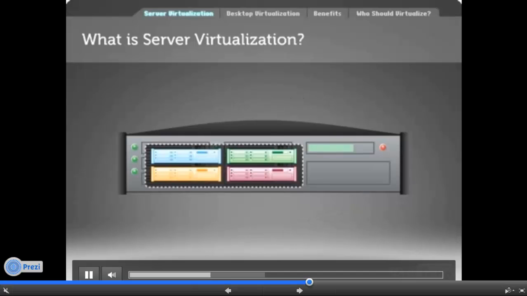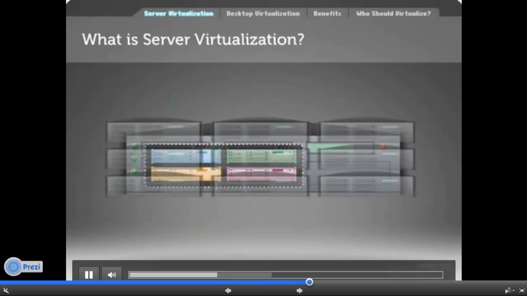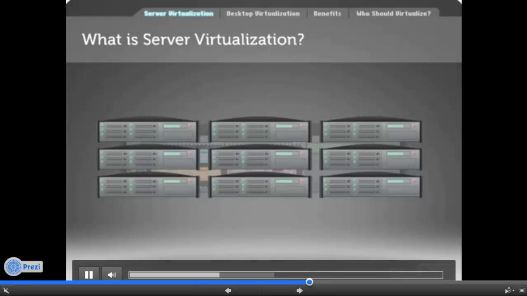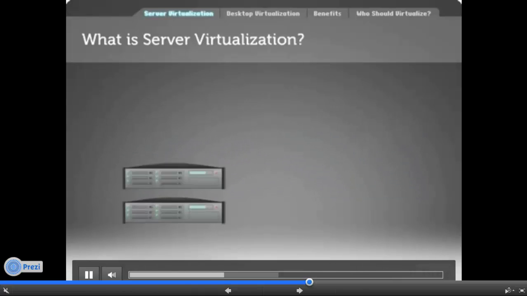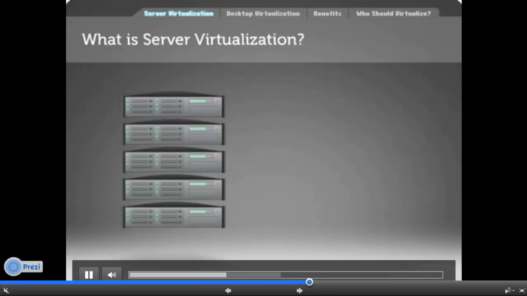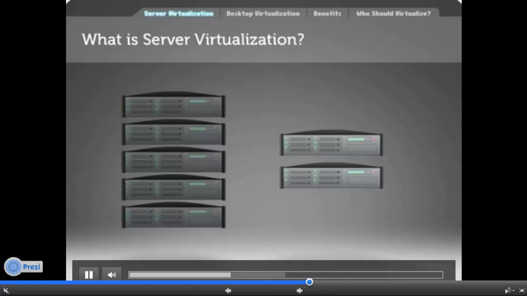The virtual server environment is transparent on the network. Users interact with virtual servers as if they were still multiple physical servers, only now they're hosted from a solitary piece of hardware. Instead of maintaining, powering, and cooling a large number of servers, companies will have to maintain, power, and cool just a few.